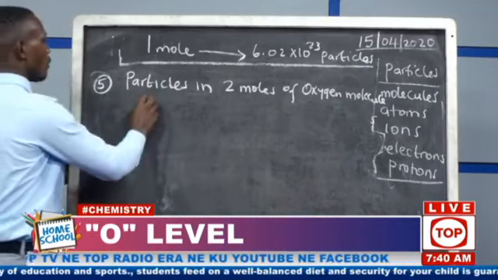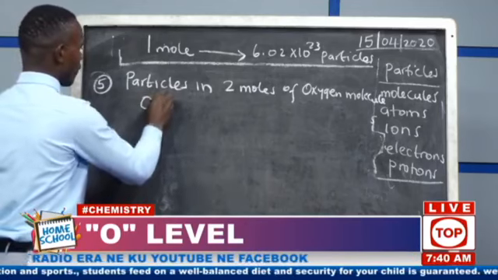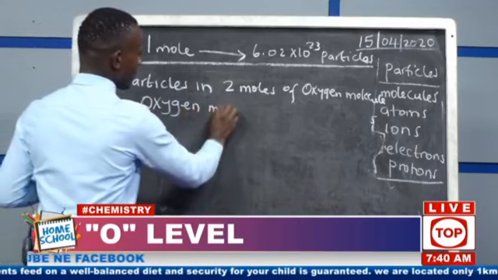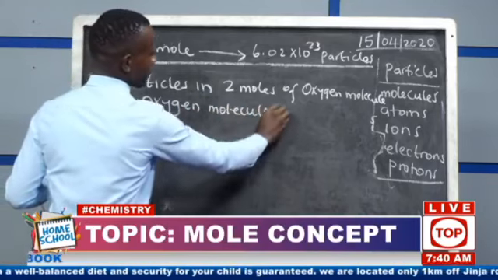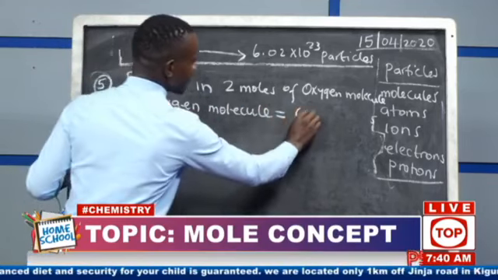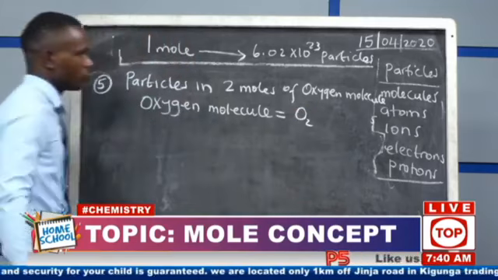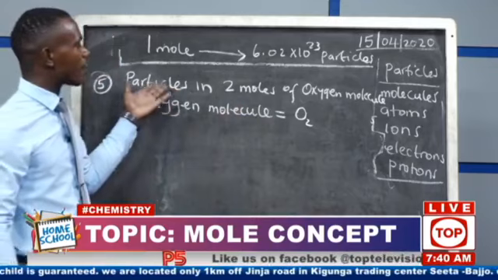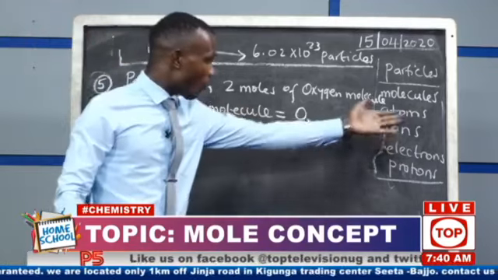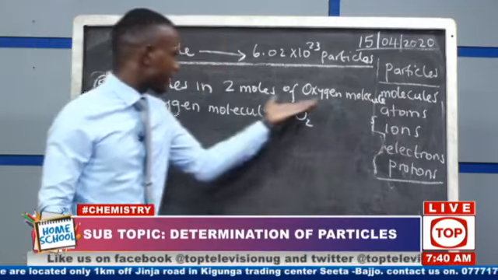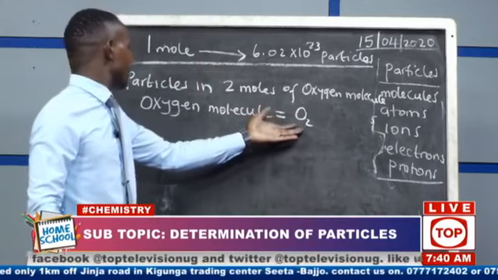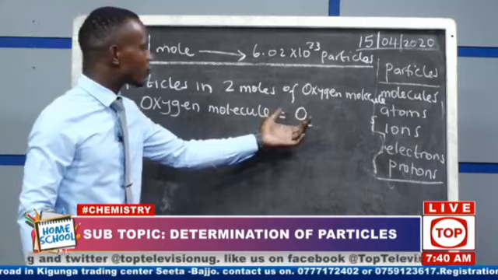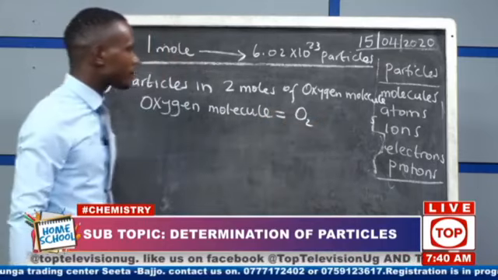We need to know the chemical formula of oxygen molecule. The chemical formula is O2. Okay? Remember I said when the question is saying calculate the number of particles, you have to first know what are those particles present. Now once you get the chemical formula of the molecule, you understand that there is a molecule and there are also oxygen atoms.